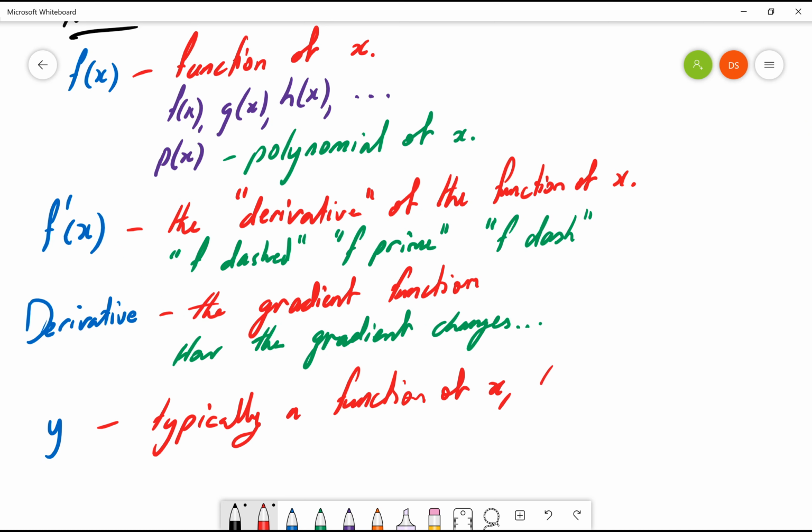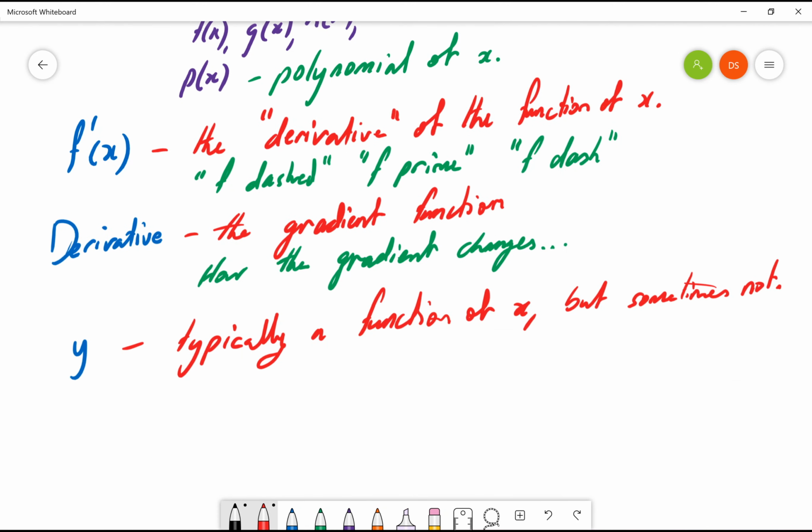But sometimes not. And so I stop using y. Okay? I don't use it as often.